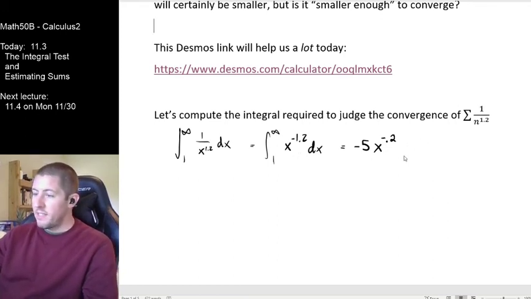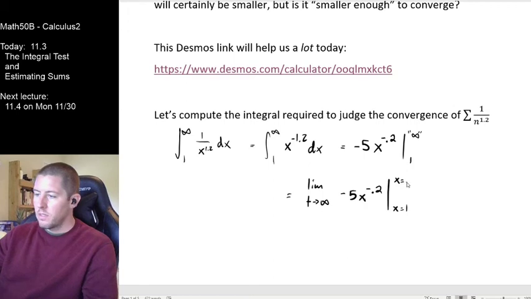Okay. This I am evaluating from 1 to, and I'm going to try and be appropriate right here. I'm going to put that in quotes to really say this should be equal to the limit as t goes to infinity of negative 5x to the negative 0.2 evaluated from x equals 1 to x equals t. T is what's tending off towards infinity there.